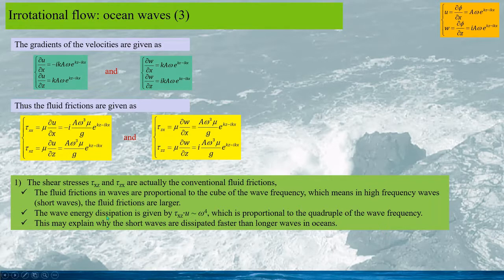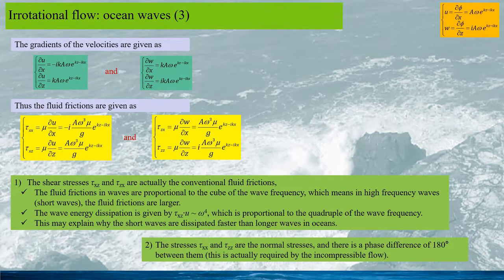Based on the fluid friction, we can calculate the wave energy dissipation given by tau xz times u, which would be proportional to the fourth power of the wave frequency. And this may explain why the shorter waves are dissipated faster than the longer waves.